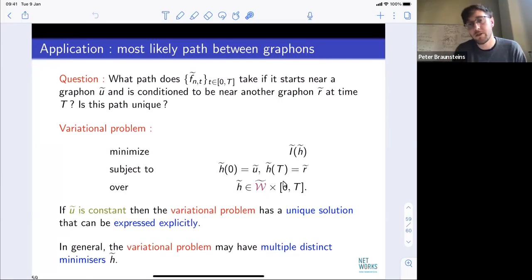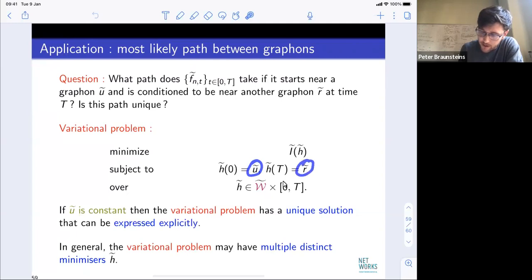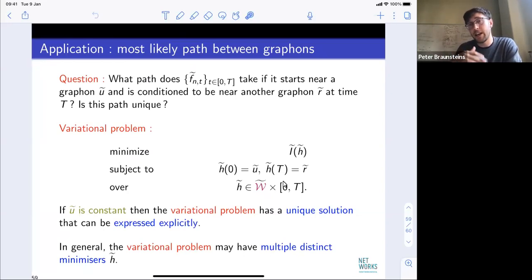And that's quite a strange result, because basically what you're doing when you're specifying that the graph is close to a graphon is specifying every single subgraph density. Then you're looking at the paths that the graph takes between these two graphons.